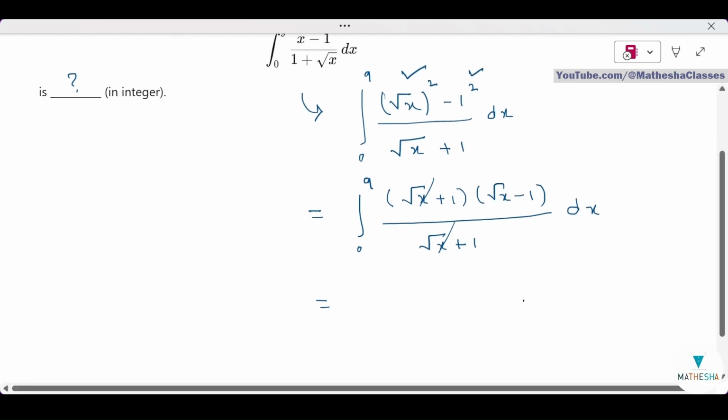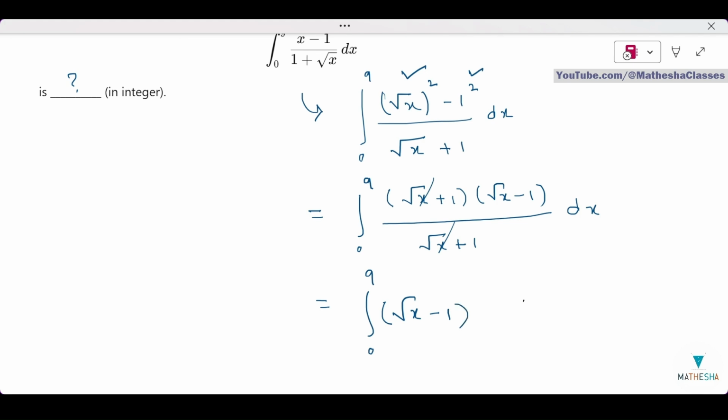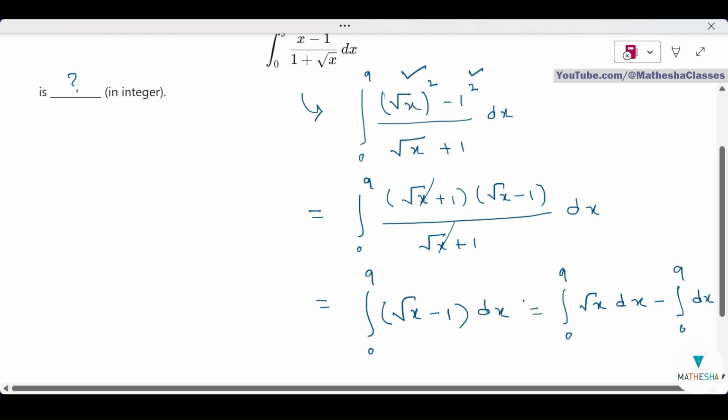So that would be equal to integration from 0 to 9 of root x minus 1 dx, which is equal to integration from 0 to 9 root x dx minus integration from 0 to 9 dx.